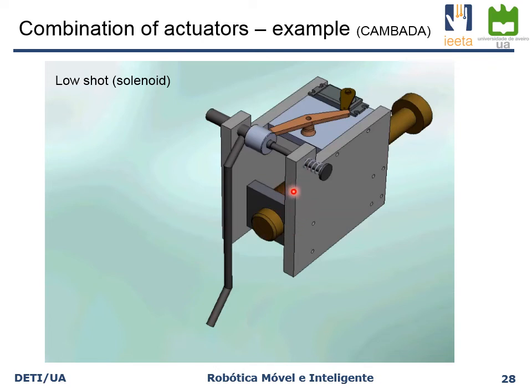So it's proportional to the energy that is provided to the solenoid, and therefore by modulating that time we can also modulate the force that is applied to the ball, and so we can make a very strong kick, or otherwise a very slow kick, depending on that particular level of energy.